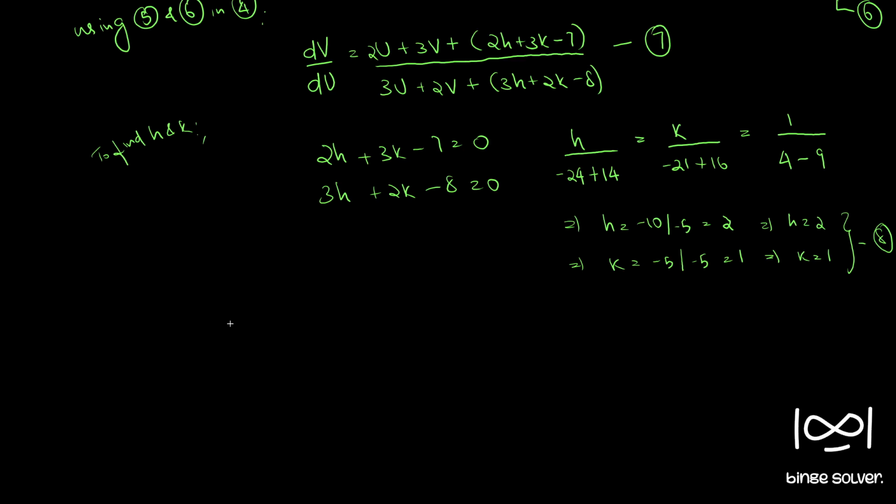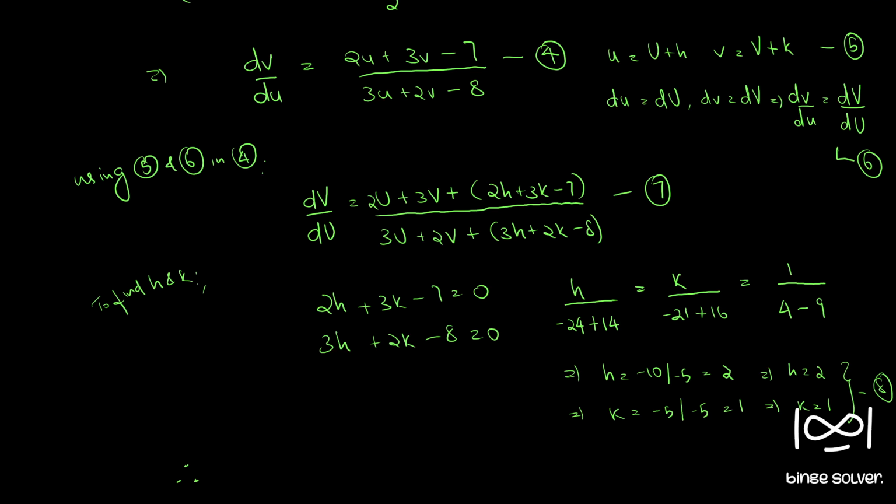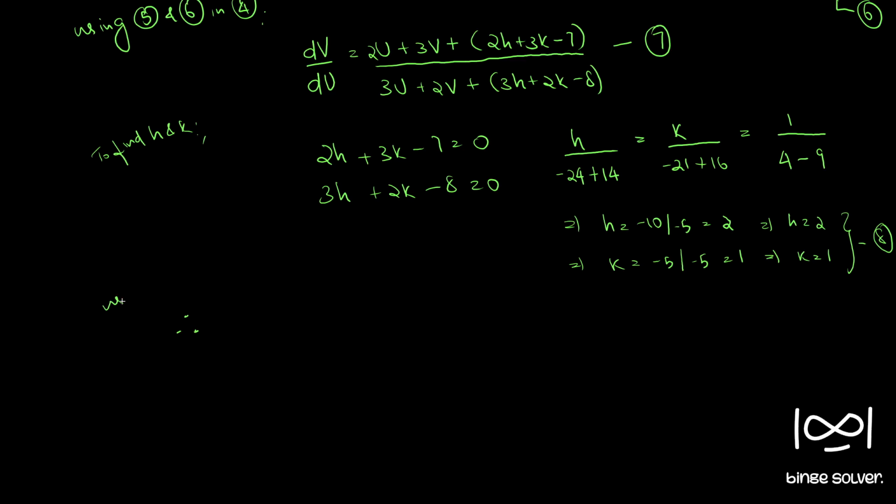Therefore, from 5, we know capital U is small u minus h, which is 2, and capital V is small v minus k, which is 1. Let's call this equation 9. We will be using it later.